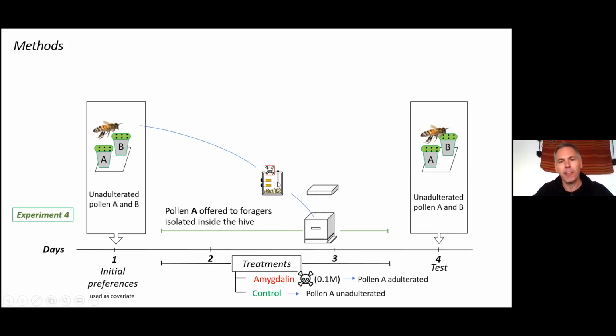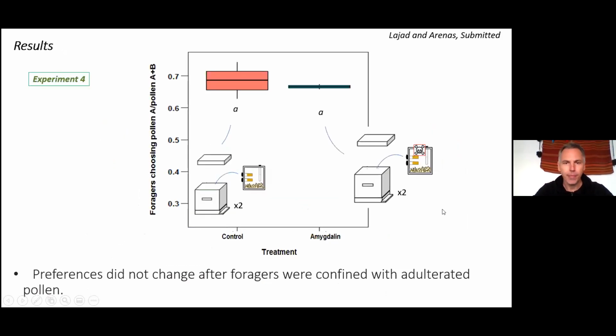They were then confined in these cages, and according to the treatment, they could receive adulterated pollen A, or unadulterated pollen A in the control group. They were introduced into the hive, and this condition was maintained for 48 hours. Then they were released, and on day 4, they were tested again against unadulterated pollen A and B.